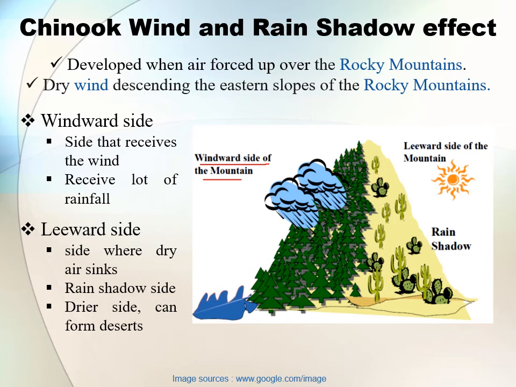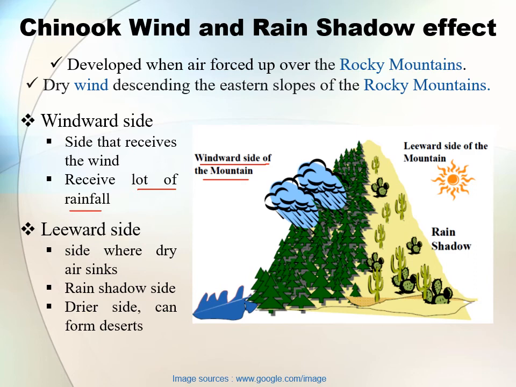After all the rain occurs in the western part of the Rocky Mountains, when the wind crosses the Rocky Mountains, it becomes dry. On the opposite side, the eastern slope of the Rocky Mountains, they witness a dry wind, and this dry wind is named the Chinook wind.